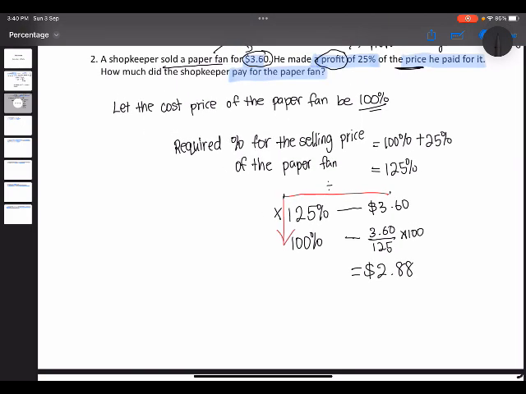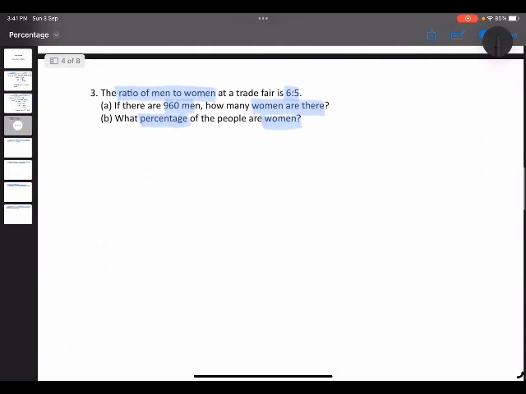So let's write a statement to conclude the answer. Therefore, the cost price of the paper fan is $2.88. Now let's proceed to the third question.